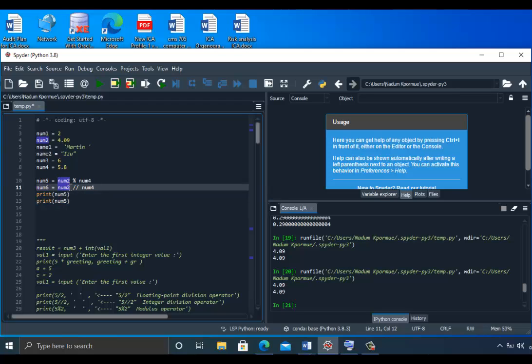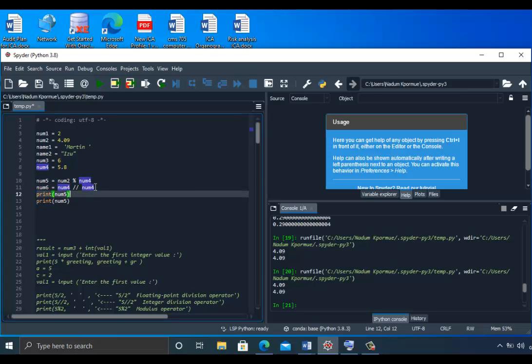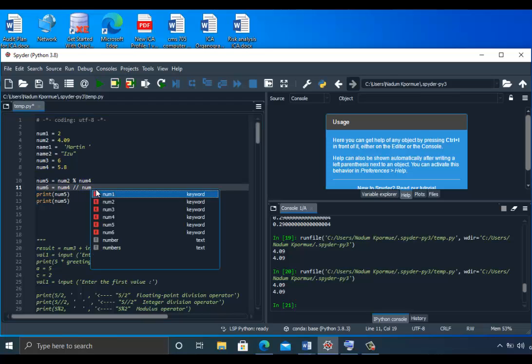Let's do this to num1 so that we can see the difference. Num4 divided by num2.